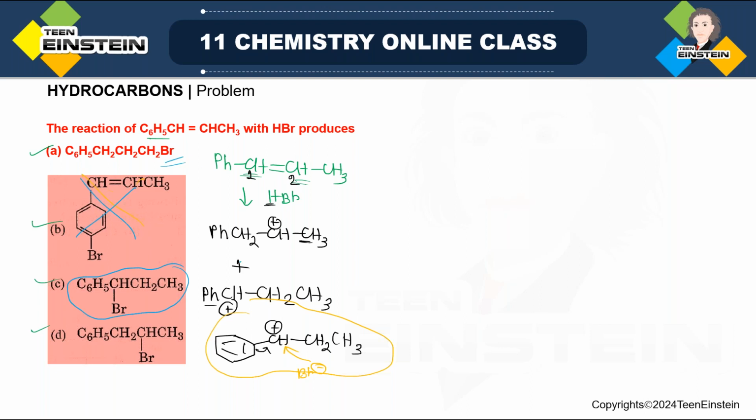In option A, it is attached to the terminal carbon as if the positive charge is here, but that is absolutely not possible. Another possibility is option D, but C is better because that product you are getting from the more stable carbocation. So option C is the correct option.